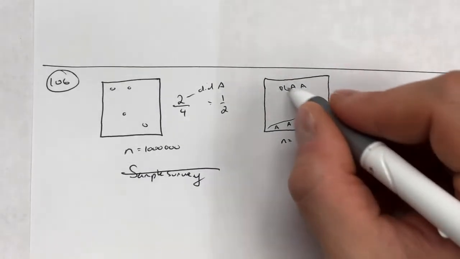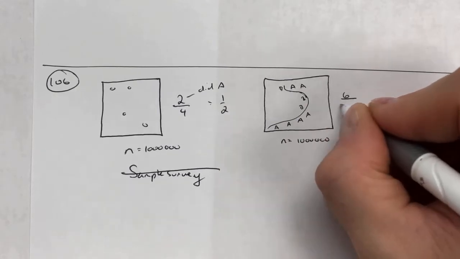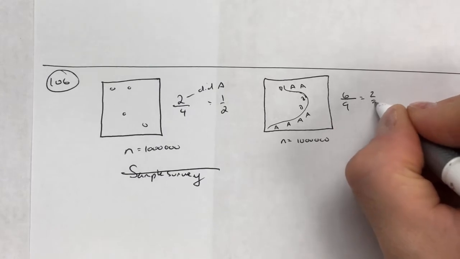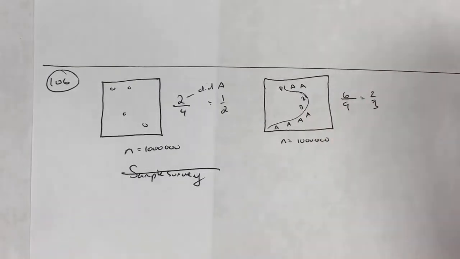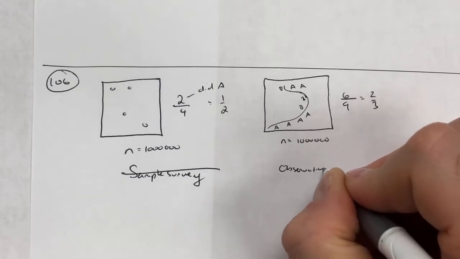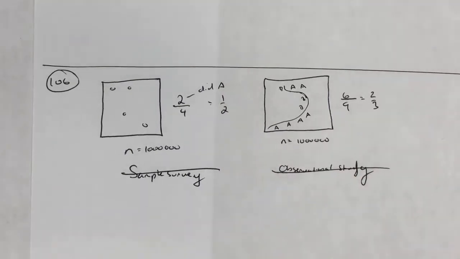I say, okay, out of my observed, I have 1, 2, 3, 4, 5, 6 out of 7, 8, 9 people, so 2/3 did my observed behavior. This is what we call an observational study. Not what we're doing either.